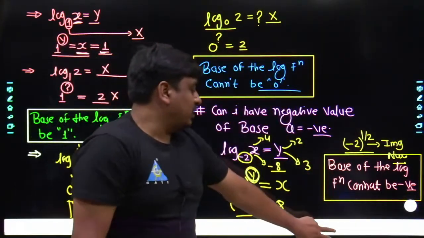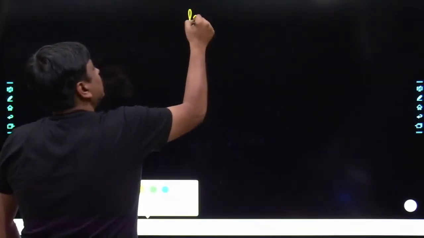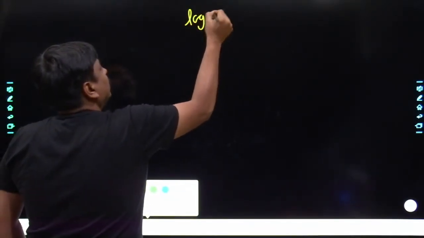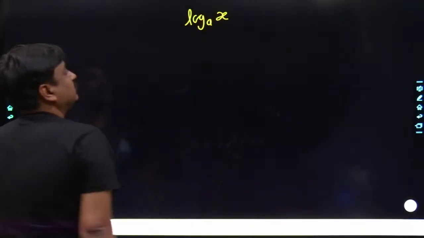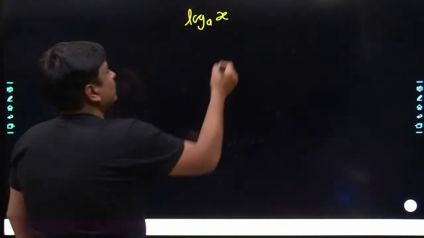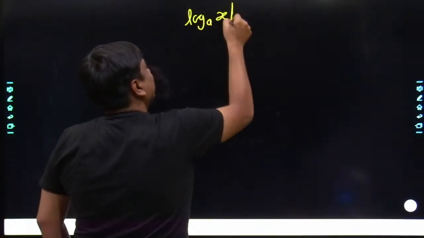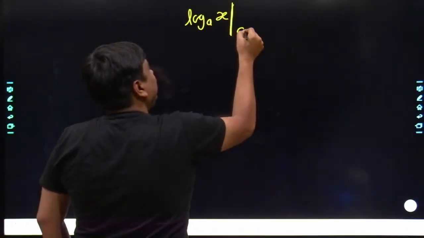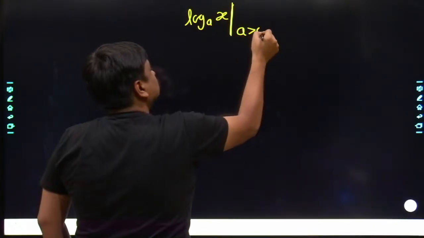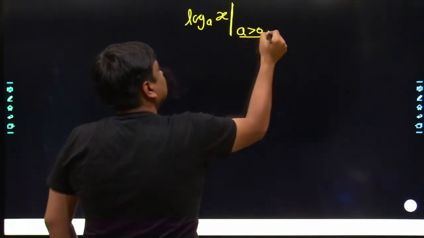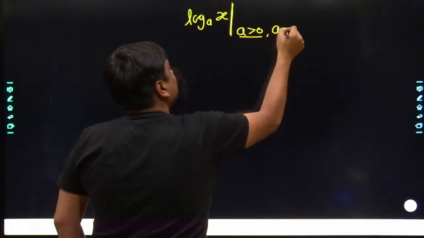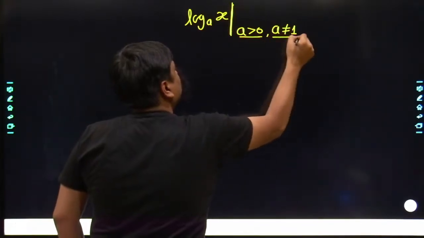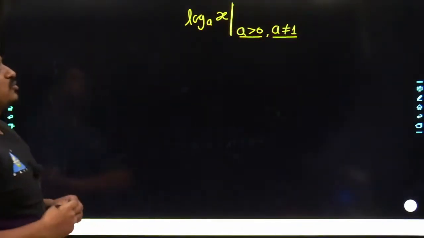From here I got to know a few important conclusions. At the very beginning, let me write the log with base a operated over x, and that would be permissible only and only when a is a positive value. That's the first thing. Similarly, a should not be equal to 1.